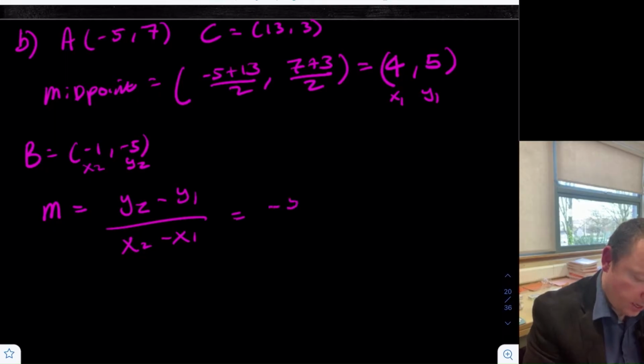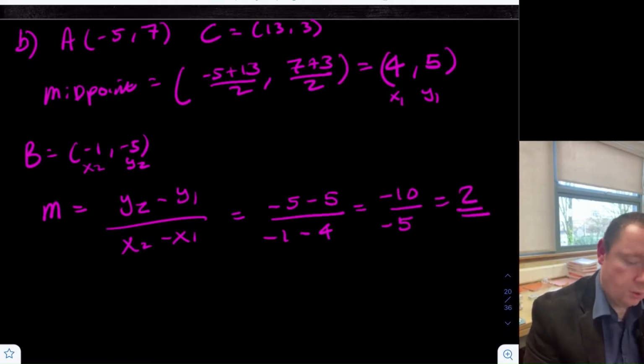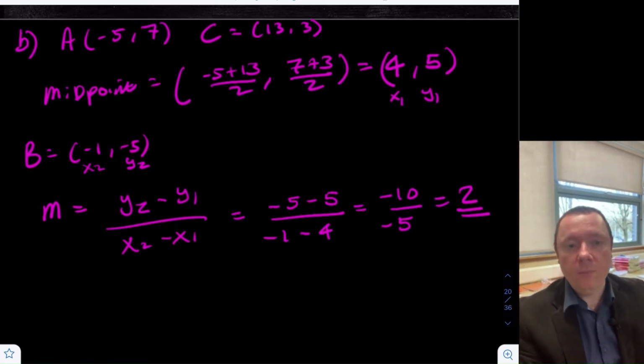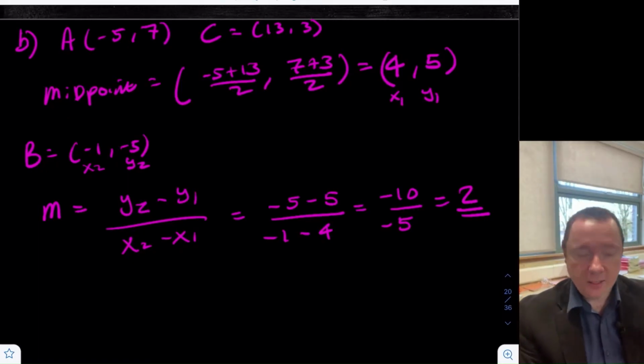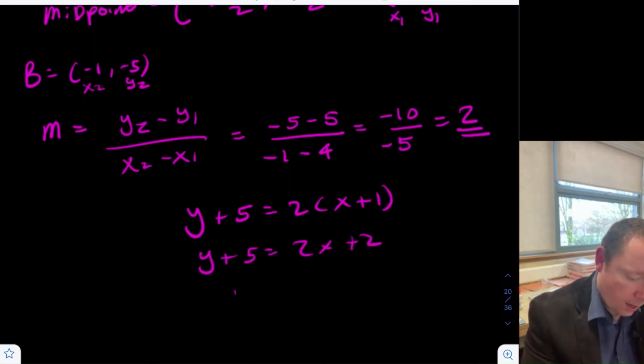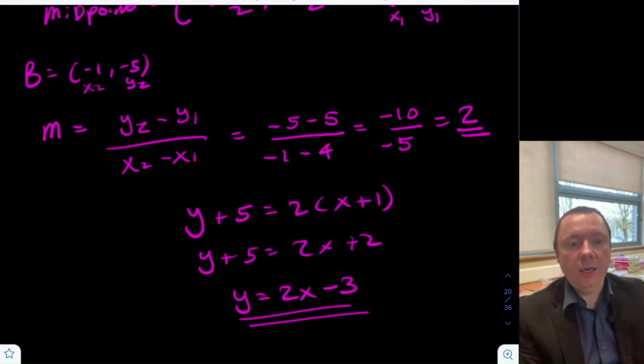We get -5 minus 5 over -1 minus 4, which is -10 over -5, equal to 2. So we get a gradient of 2, and we've got 2 marks so far for our midpoint and our gradient, and then just find the equation. So y plus 5 equals 2 times x plus 1, so y plus 5 is 2x plus 2, or y equals 2x minus 3, 2 take away 5, and then there's our final mark.